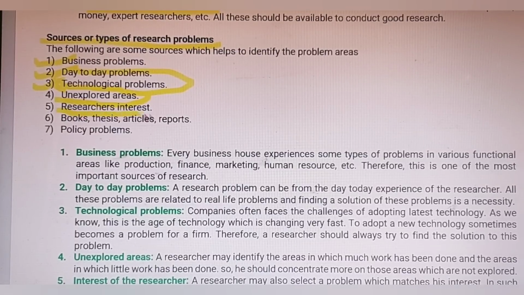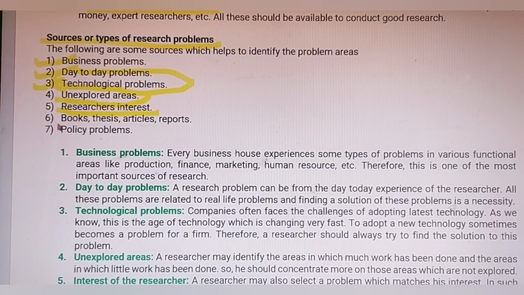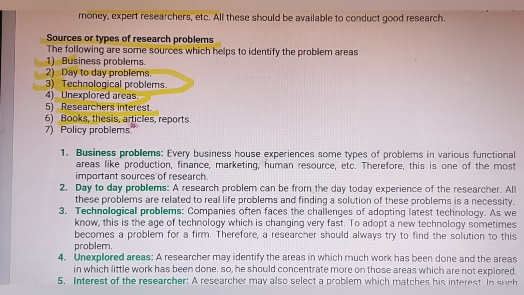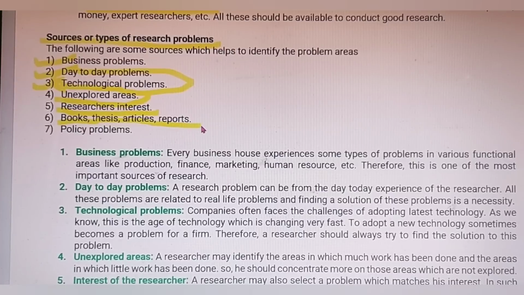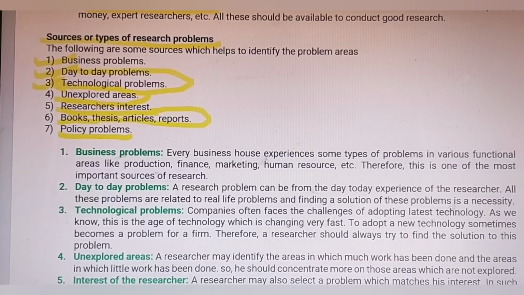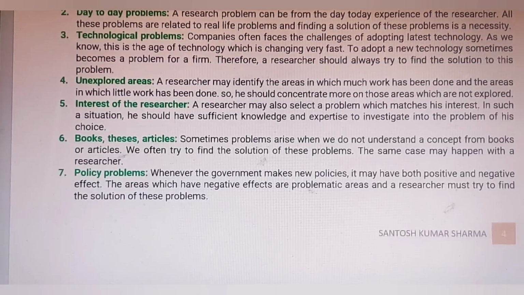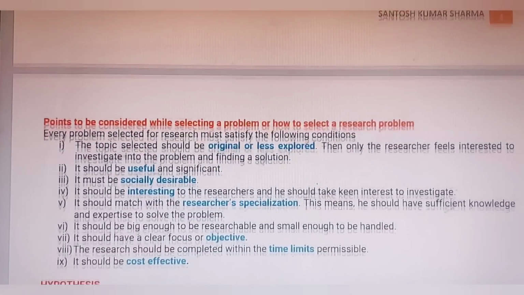Then a researcher's interest, it should match the interest of the researchers. And books, thesis, articles, reports, all these things are also a part of research. And lastly, policy problems, because whenever the company frames policies, it needs to do research beforehand. So all these points you can describe, very easy points, right?